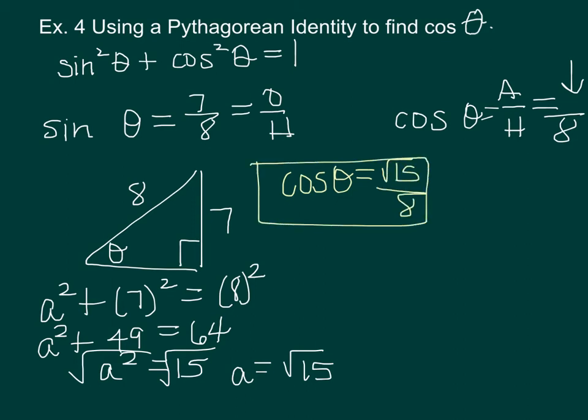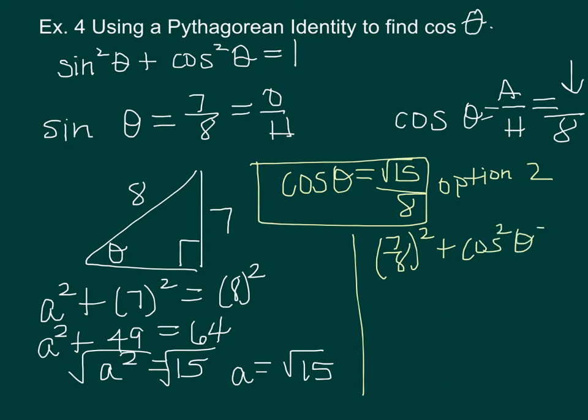Now, you can also use the formula. Using the formula will require a little bit more work. We'll call this option 2. You can plug in sine in the formula, but you have to square it. And you just solve for cosine as if it was an algebra problem. So that's 49 over 64. And you would subtract it from 1, but I'm going to change this to 64 over 64.